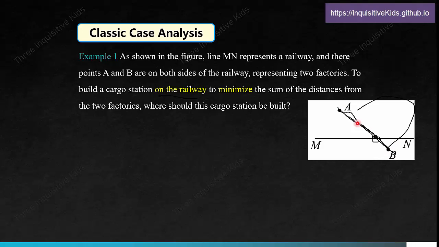Yep, using the observations and conclusions we just got, we know that the shortest distance from A to B itself, without any complications, will be just a straight line segment right there. And it has to be on the railway. So if this is the shortest distance between A and B and we want to minimize that, it has to be on the railway. Which part of it is on the railway? This part.